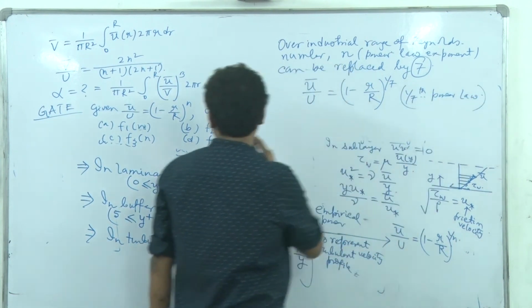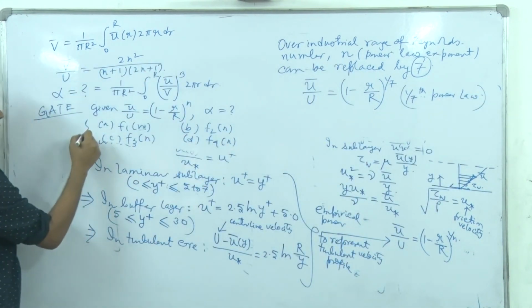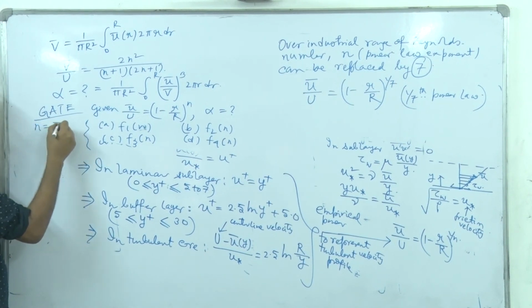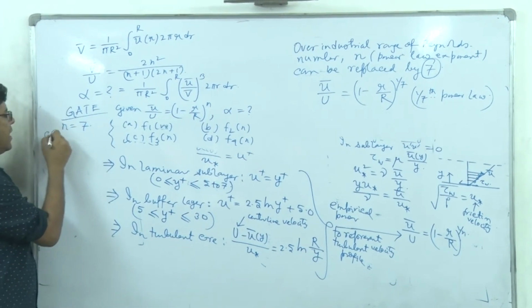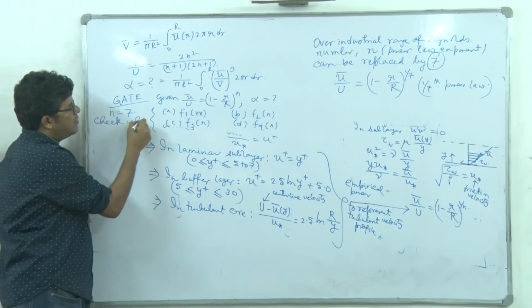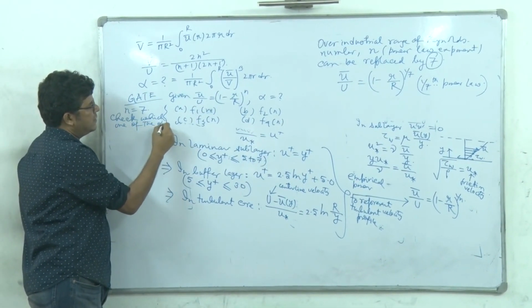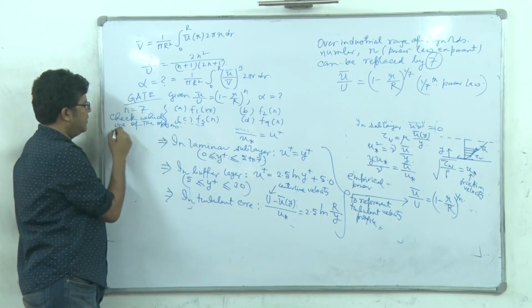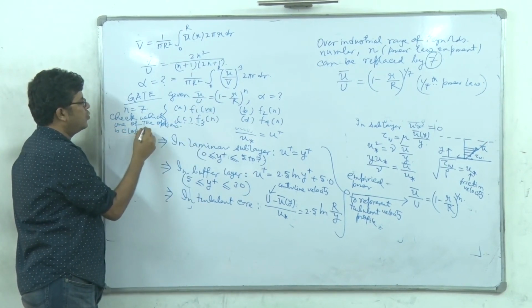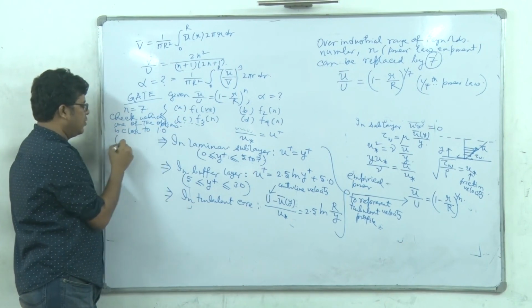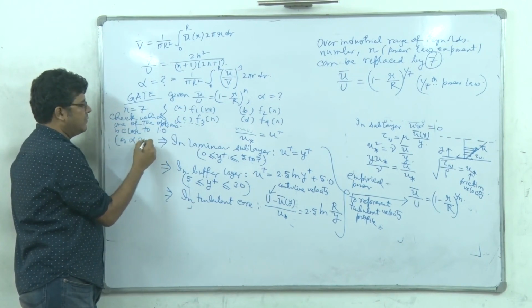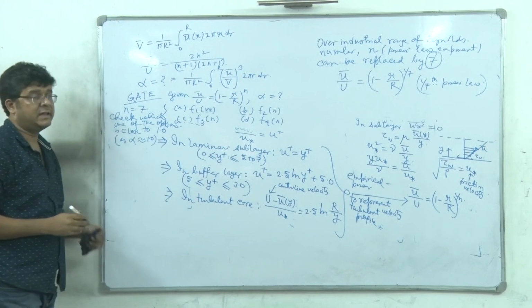So how to solve this problem? In this problem, in all these 4 options, we will substitute n is equal to 7 and check which one of the options is close to 1. Because we know alpha in turbulent flow is close to unity, right?